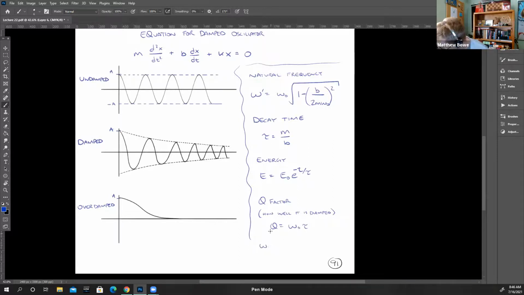It is omega prime is omega naught like that. Simply just exchanging variables. Sometimes you're given a Q factor for a specific material. So it's useful to know where to swap things out.